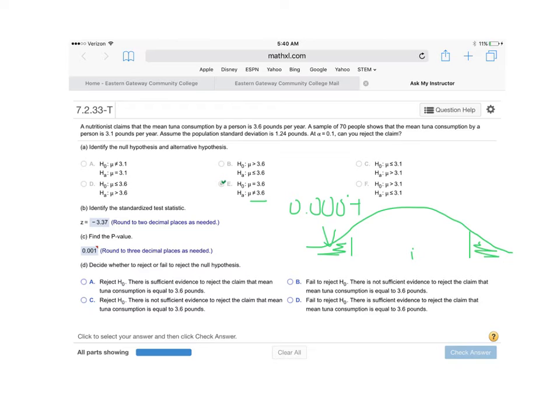Now, if this were a left-tailed test, then that would in fact be our p-value. But this is a two-tailed test, so we don't know if we could have ended up down below the mean, which is where we actually did end up with our data, or we might have been up here in the upper tail with the same area.